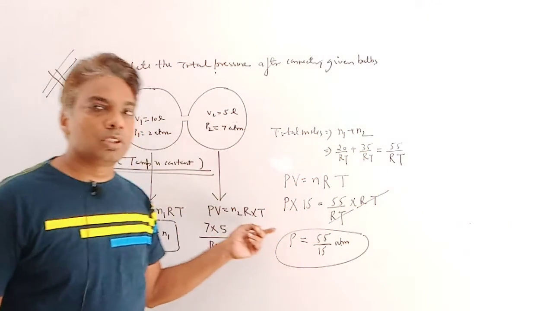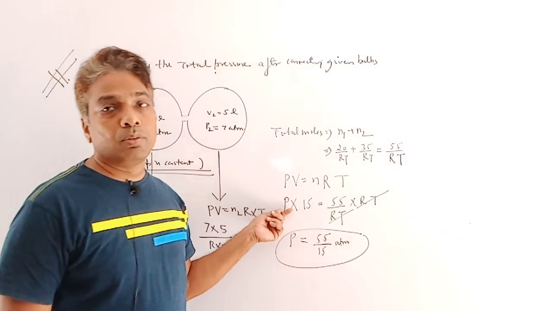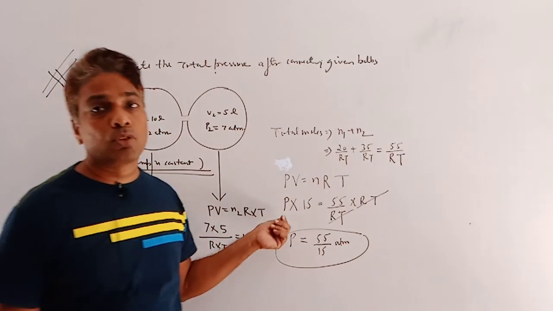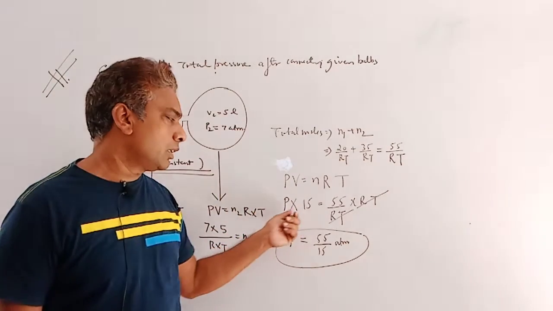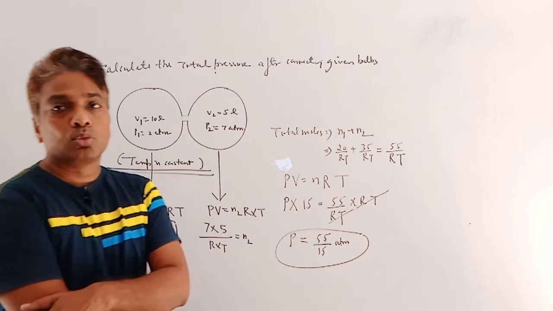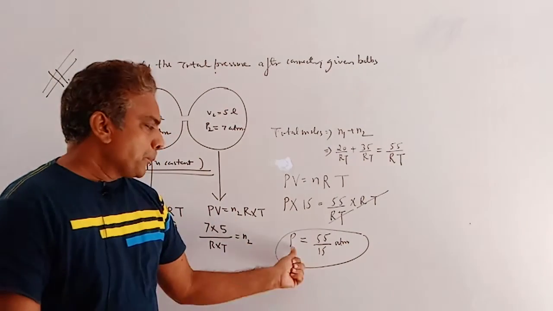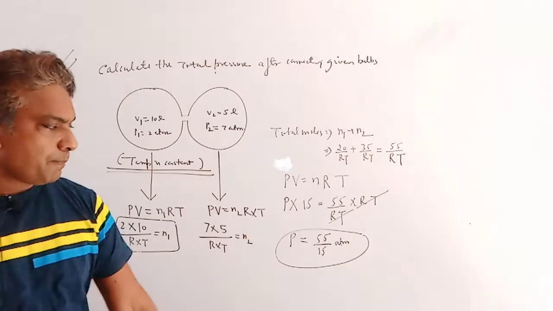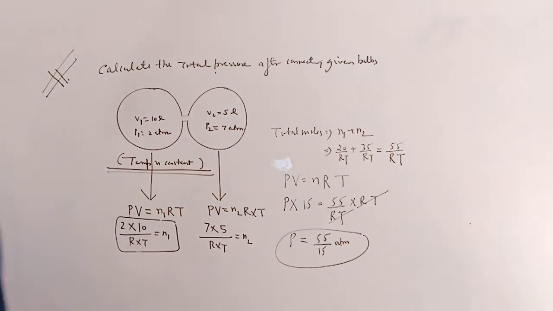Then again by using PV is equal to nRT, we can easily calculate the pressure with the help of total volume. After connecting these bulbs, total volume will be 15. So P into 15 is equal to N1 plus N2 times RT. RT will be cancelled out. So here pressure is 55 by 15 atmosphere. Clear?